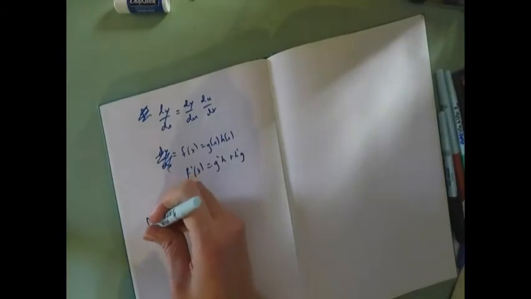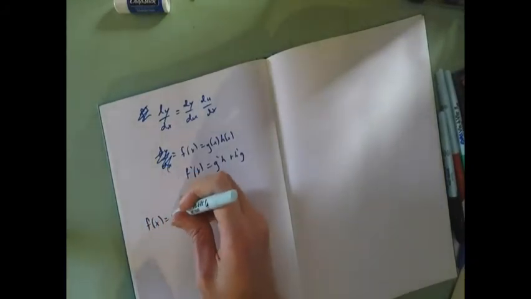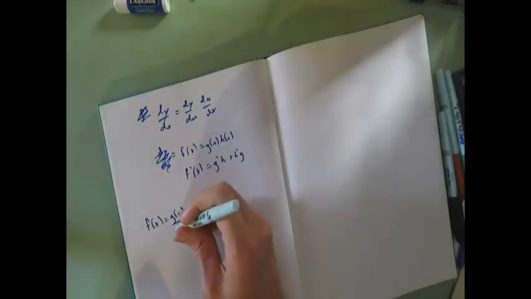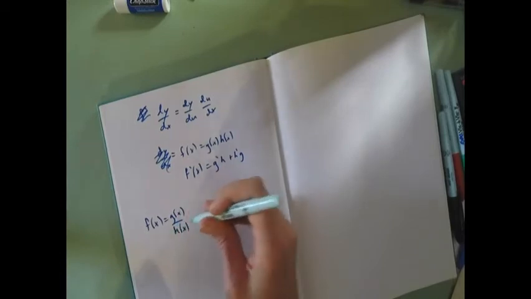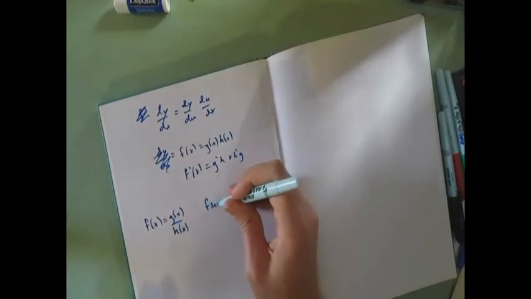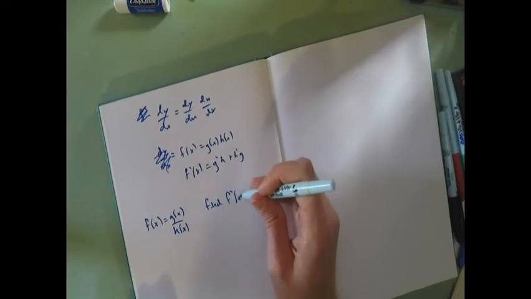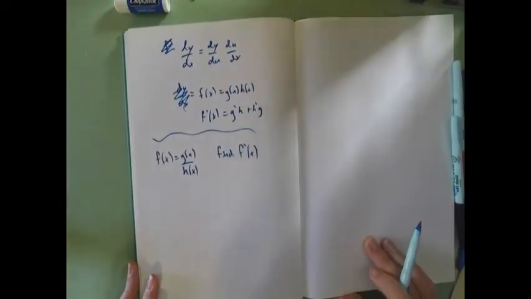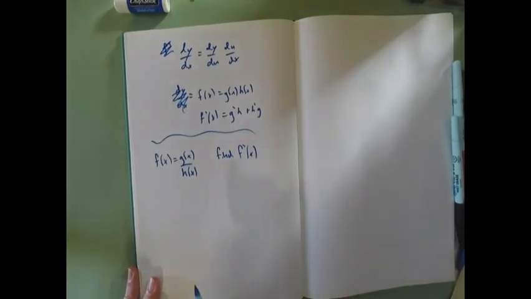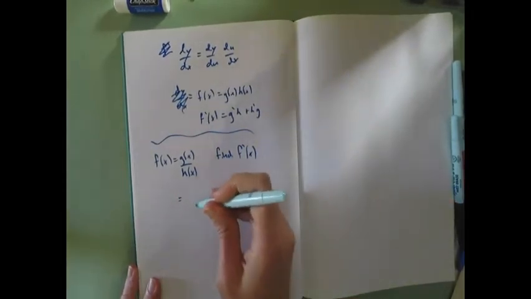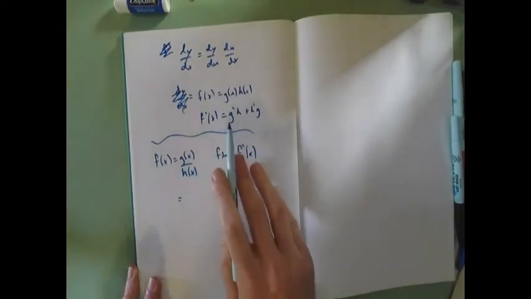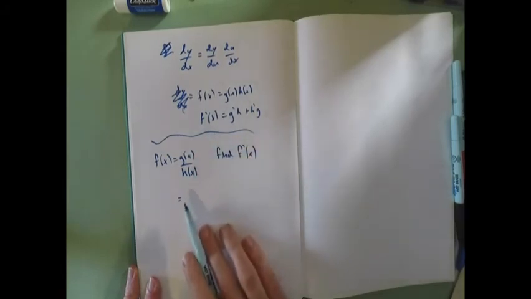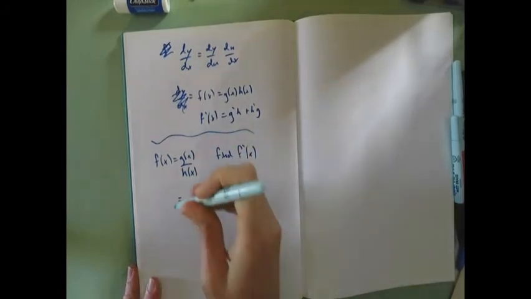And I want to find, well, what if we've really got f of x equals g of x over h of x? So I want to find f prime of x. And here's just my cheat sheet I'm using to help me figure this out. So what I'm going to do is change this so that I can use the product rule instead of having to remember the quotient rule.